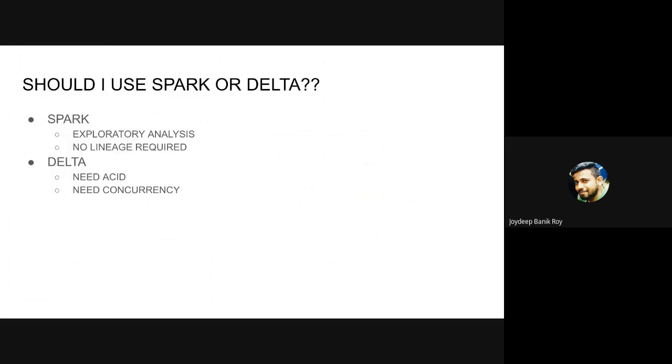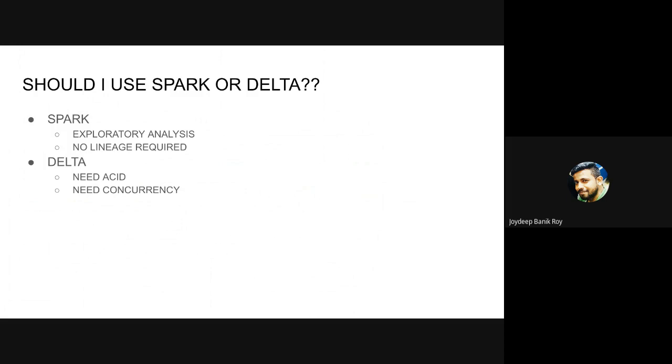Okay. Next question is, when should I use Spark or Delta? Simple. From now on, having this knowledge, if you have a table-like structure, never use Spark. If you have exploratory analysis, if you do not need the lineage, it's a one-off processing of large unstructured data, use Spark. But if you need ACID, if you need concurrency, right?